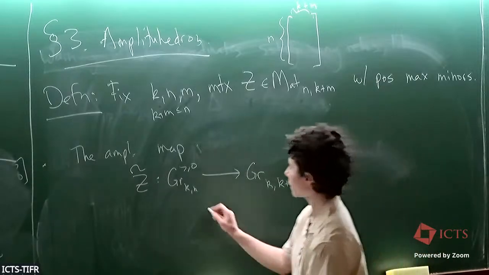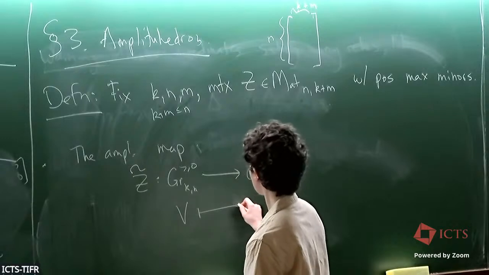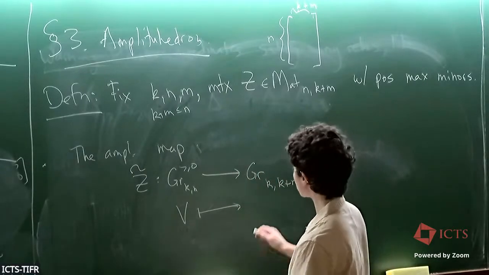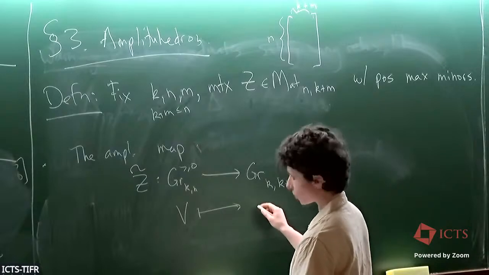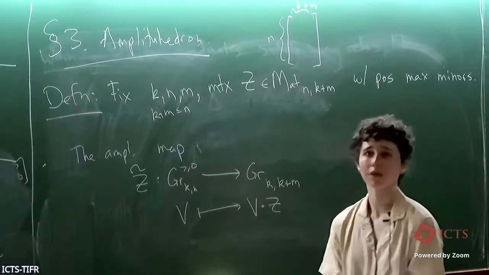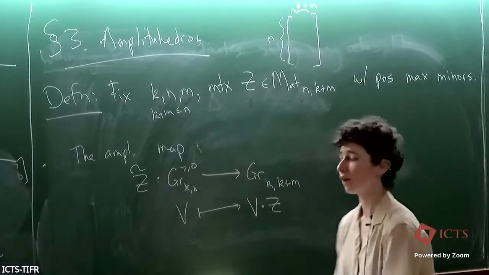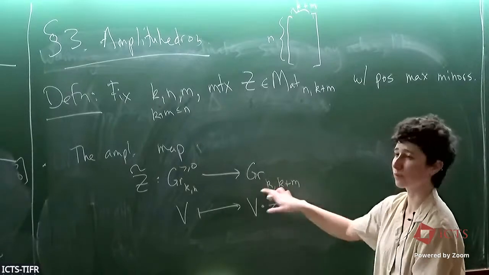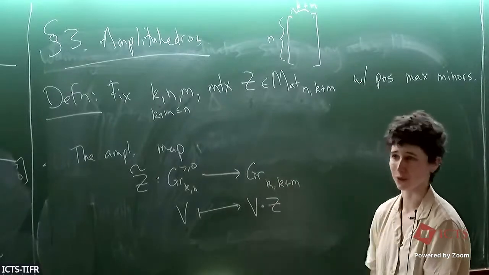All it's going to do is take my subspace V, my k by n matrix V, and map it to V times Z. I'm just going to do matrix multiplication. That's the explanation for these indices: this matrix will be k by k plus m because of how matrix multiplication works.